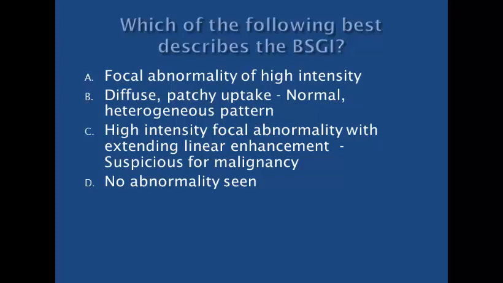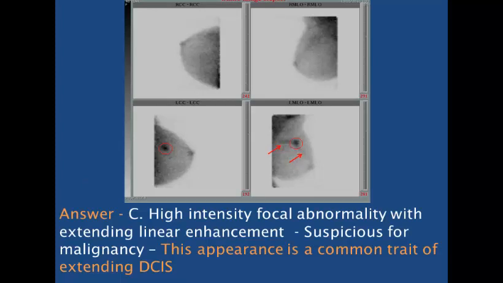How do we do? Oh, and those who had replied C would be accurate. You can see there's a focal abnormality in the center there, indicated by the circle. But where the arrows and the lines are, there's some linear enhancement. It's actually not displaying very well on the overhead, but there's some linear enhancement that's suspicious for extensive malignancy.